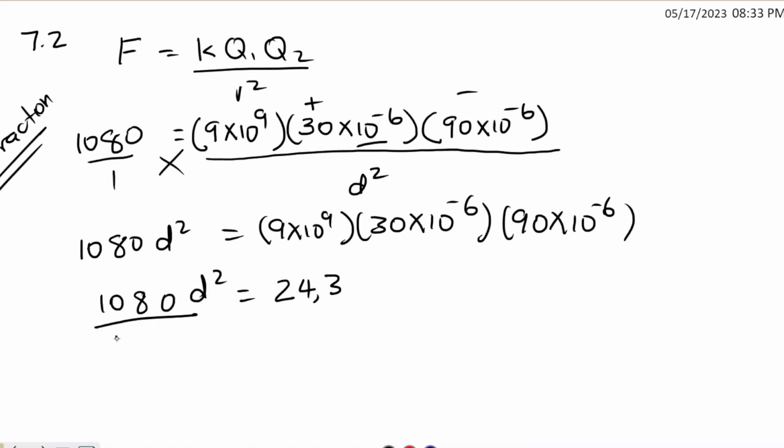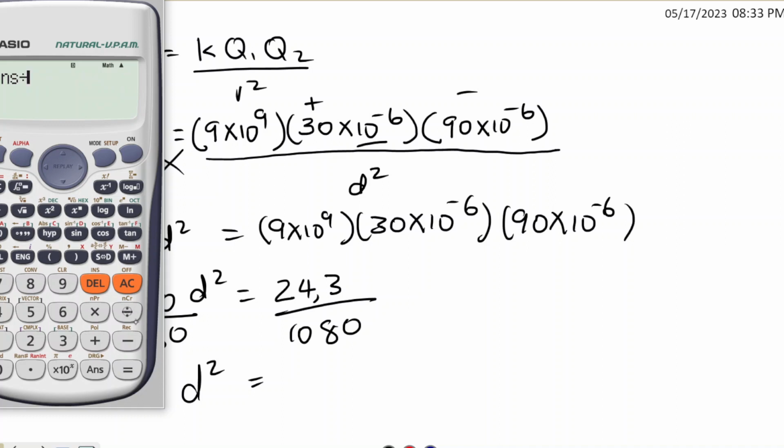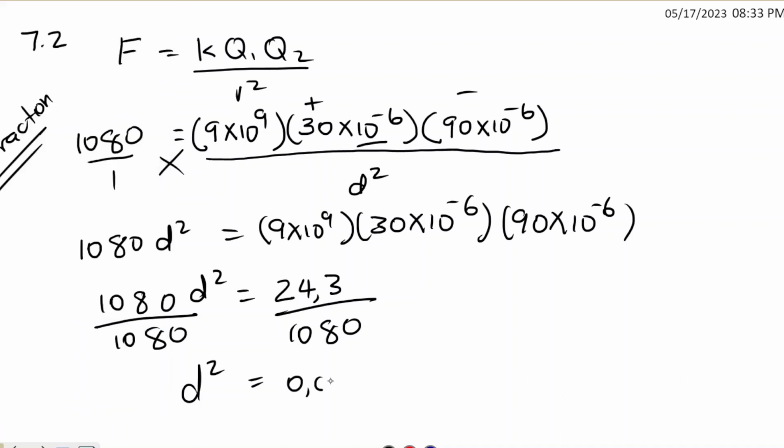On one side we divide by 1080, and on the other side we also divide by 1080. We want to find d squared, so let us divide 24,3 by 1080. We have 0,0225. Now we have to take the square root from both sides.